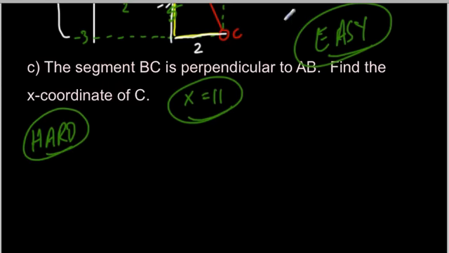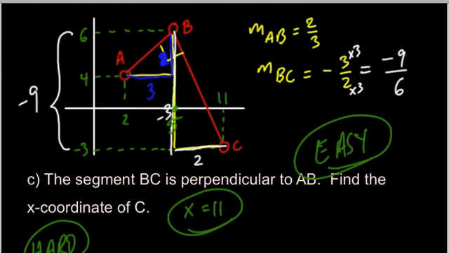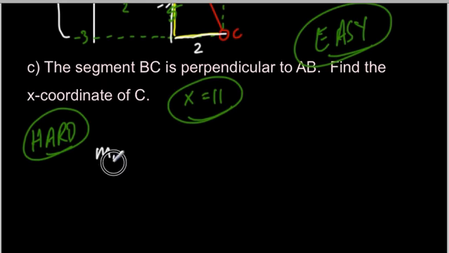So we know that the slope of AB is equal to 2/3, and so you can deduce that the slope of BC is negative 3 over 2. So m of BC is negative 3 over 2.